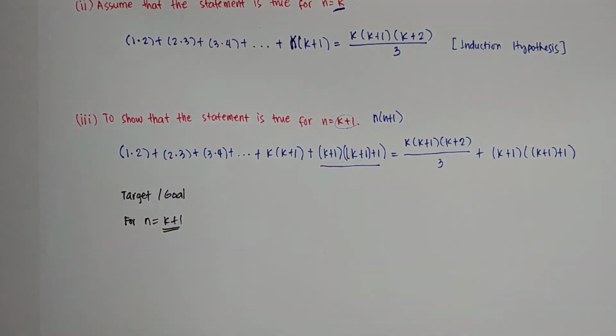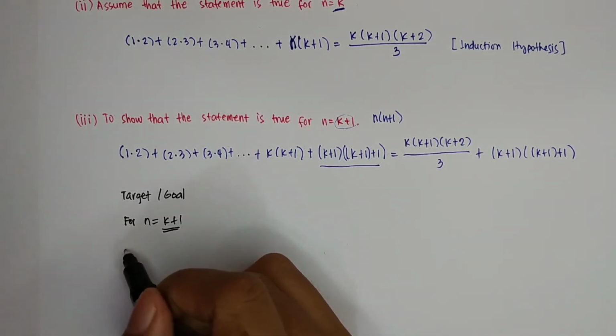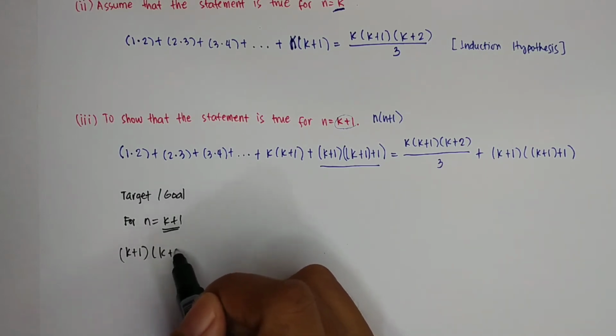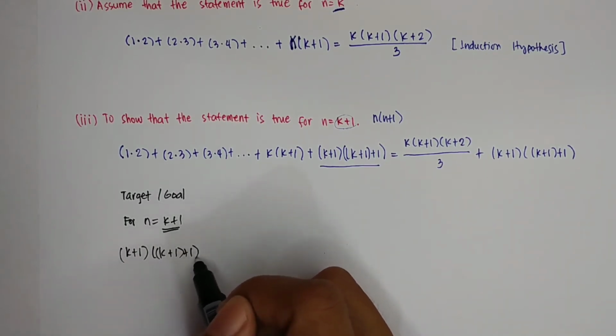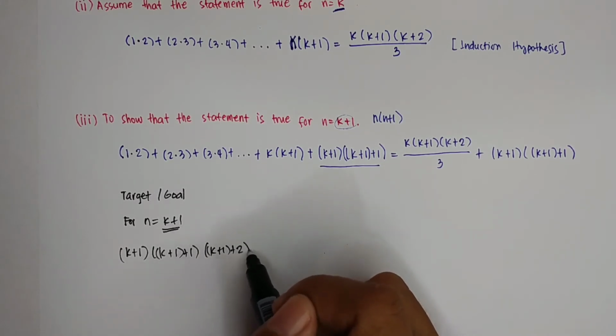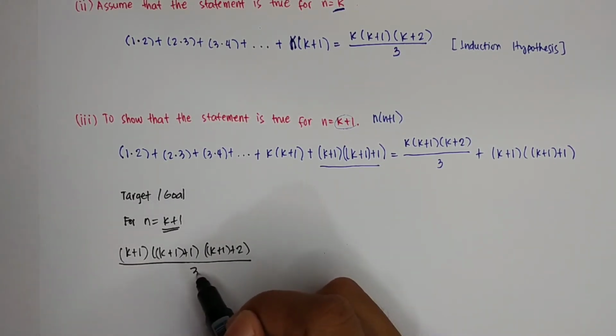So, substitute lang natin itong k plus 1 doon sa right side ng ating original expression or statement. That will be k plus 1 times k plus 1 plus 1 times k plus 1 plus 2 all over 3.